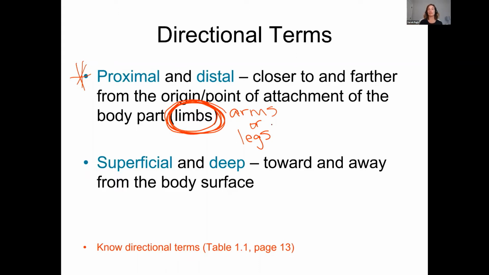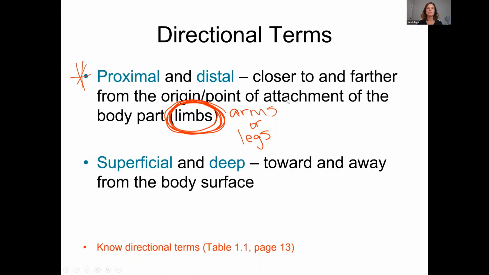I could say the elbow is proximal to the wrist, right? If you think about it, your elbow is closer to the shoulder than the wrist is. So the elbow is proximal to the wrist. If I use distal on the arms, I could say my fingers are distal to the wrist. Right? They are farther from that point of attachment than the wrist is.